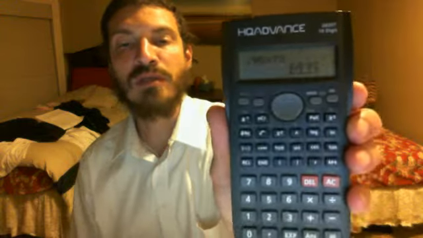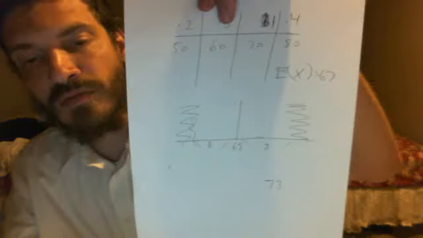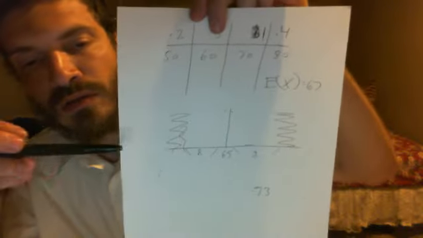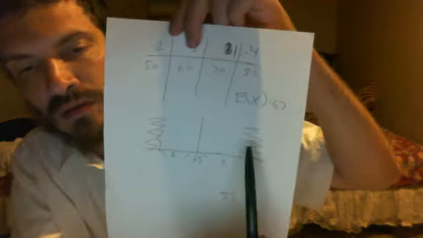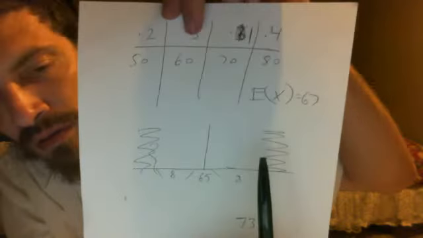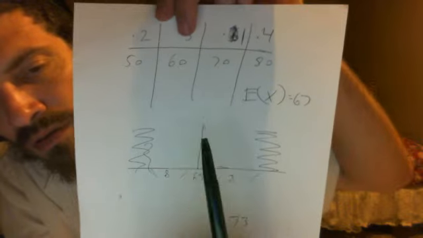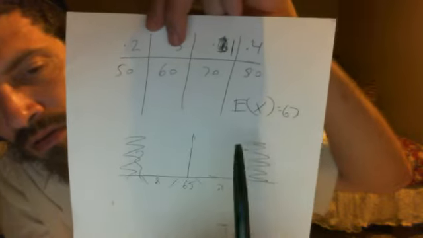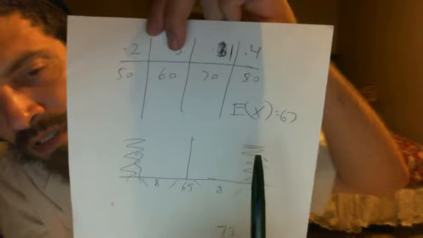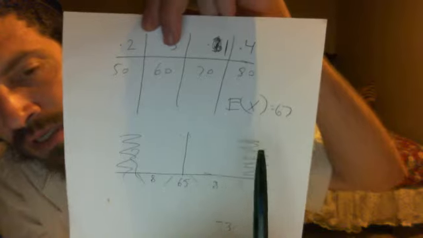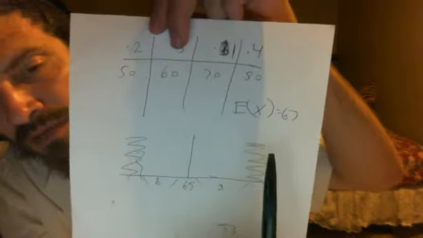What does that mean? Imagine, it's a very exaggerated situation, but imagine that you have this area here, the area that's above 73, is 95% of the data.